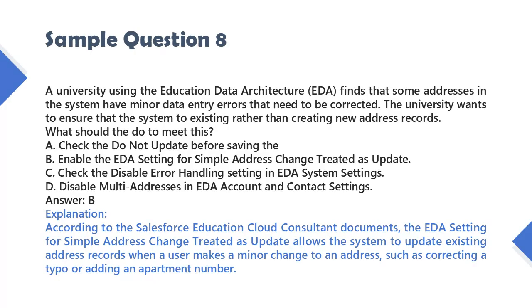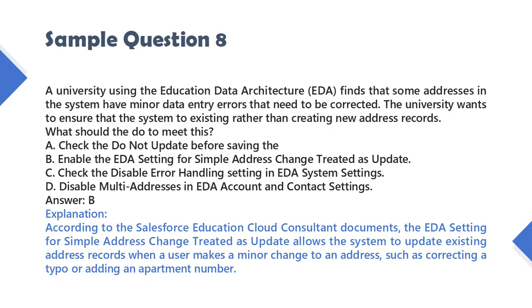Question 8. A university using the Education Data Architecture, EDA, finds that some addresses in the system have minor data entry errors that need to be corrected. The university wants to ensure that the system updates existing records rather than creating new address records. What should they do to meet this?